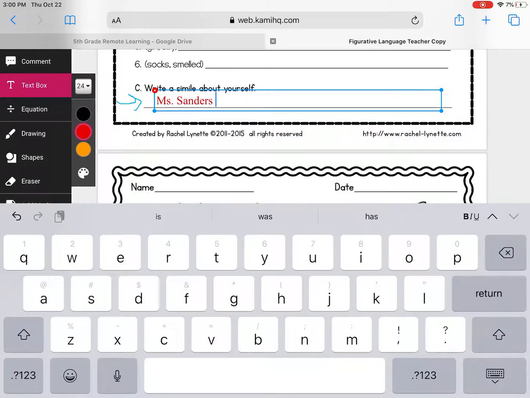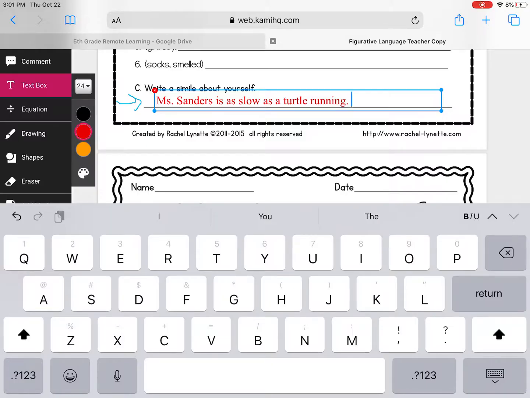Miss Sanders is like a, what am I like? Is as, ooh, I know. Miss Sanders is as slow as a turtle running. So true. Okay, so I've got Miss Sanders and a turtle. I'm comparing the two because we're both slow. And I use the word as, so I am good to go.